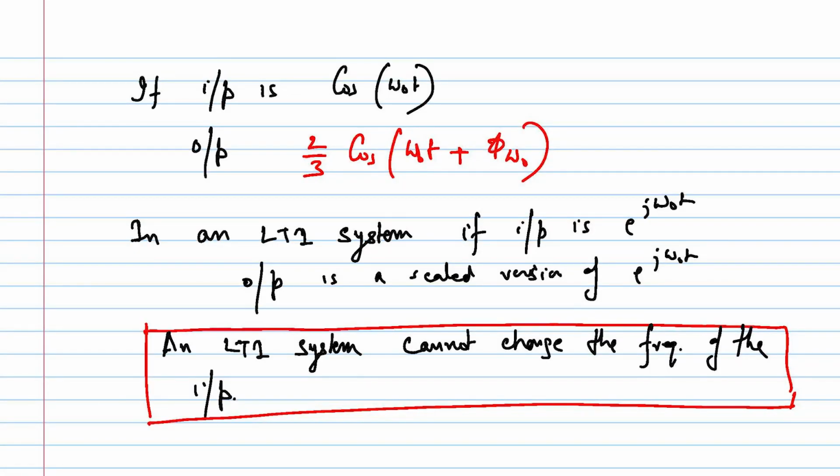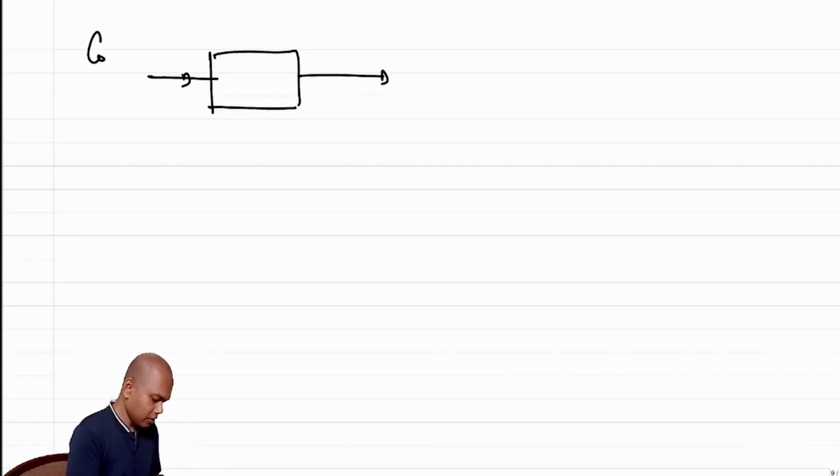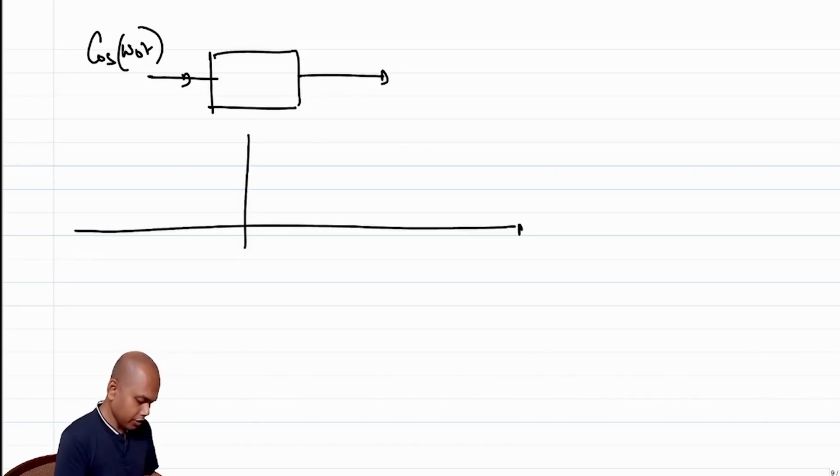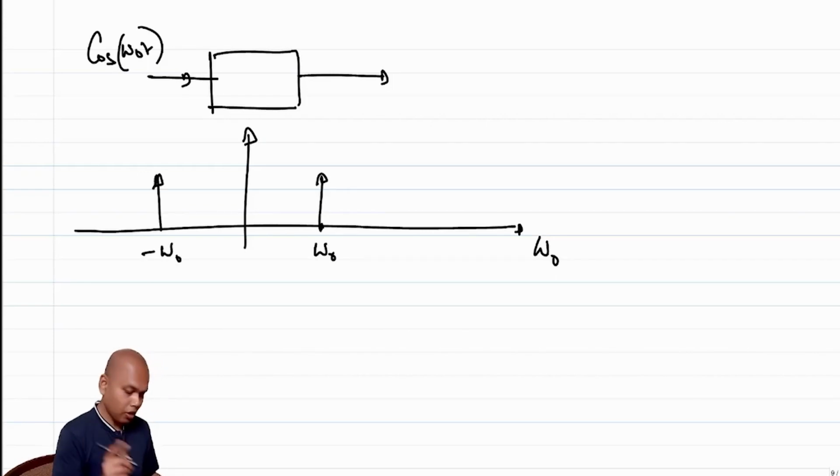So what does it mean then? Why is it important? Now I'll take you back to the previous lecture where I said that your input, let's say, is cosine omega naught t. In the frequency domain, what does it look like? Your input will be a tone at omega naught and a tone at minus omega naught, each a delta Dirac function of value 1, since the area should be 1.